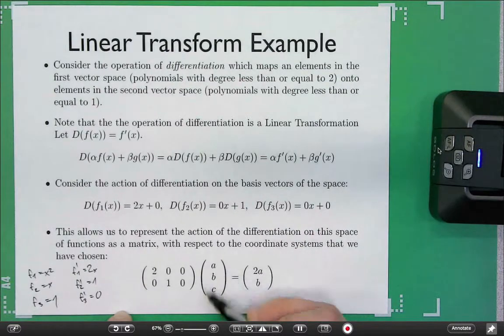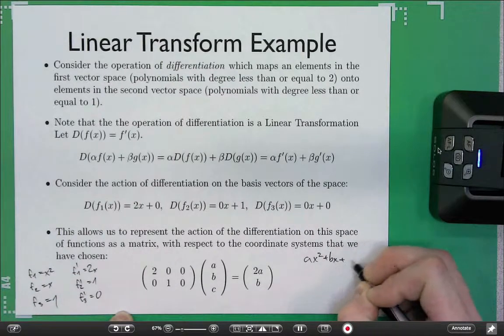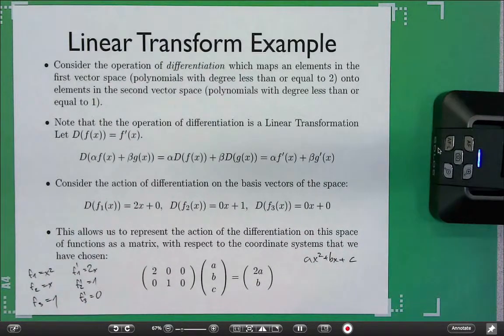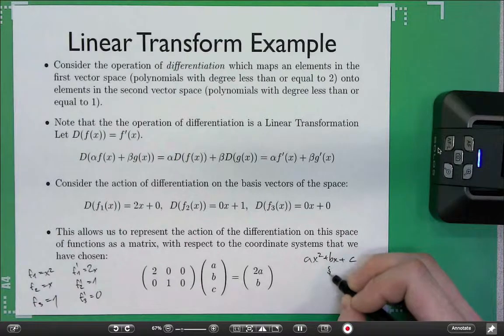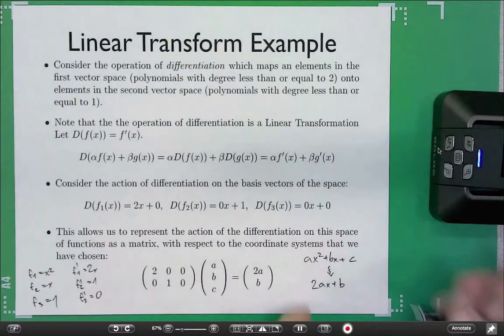So if my first polynomial has coefficients a, b, and c, meaning it's ax squared plus bx plus c, then differentiation gives me the polynomial 2ax plus b, and nothing for c, and that's exactly what this matrix vector product does.